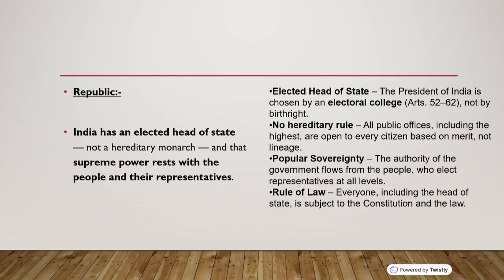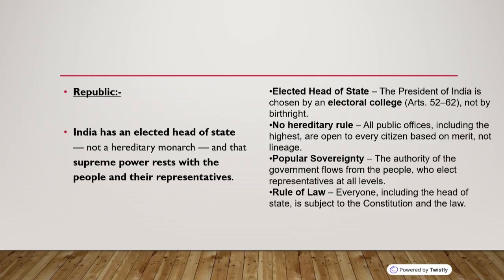The next one is republic. In the UK, the head of the state is the crown, and the crown is a monarch, which is hereditary. Recently the queen died, and then her son became the king, the head of the state.